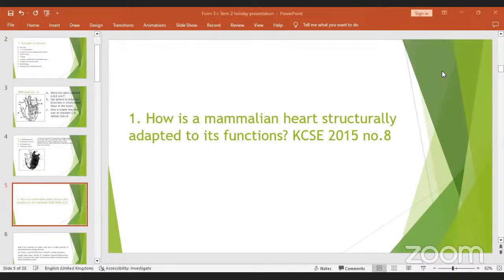So you say that the cuspid valves have tendons which are non-elastic. That's the first mark, to prevent the valves from turning inside out during the systole, or when the ventricles contract.